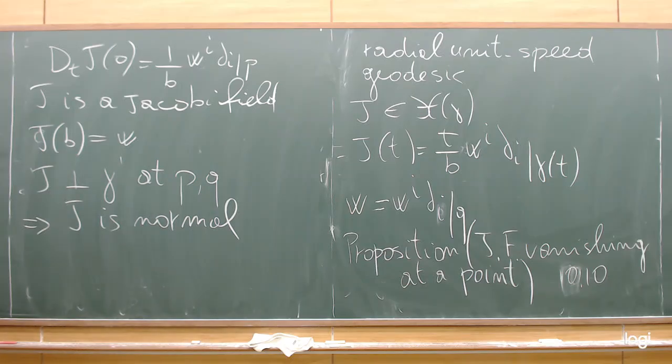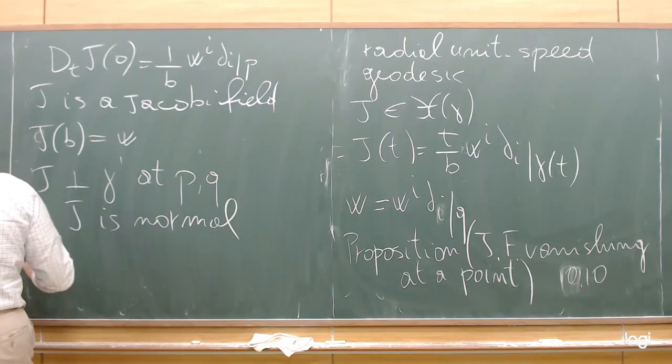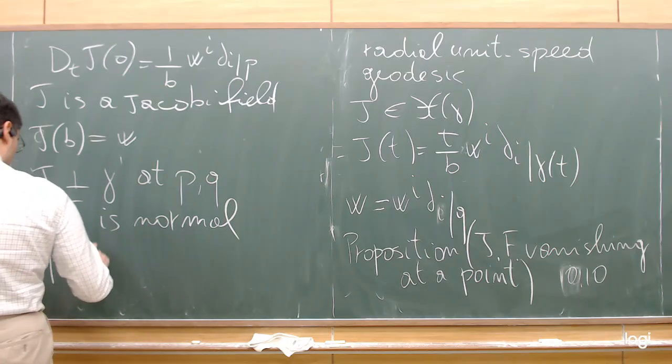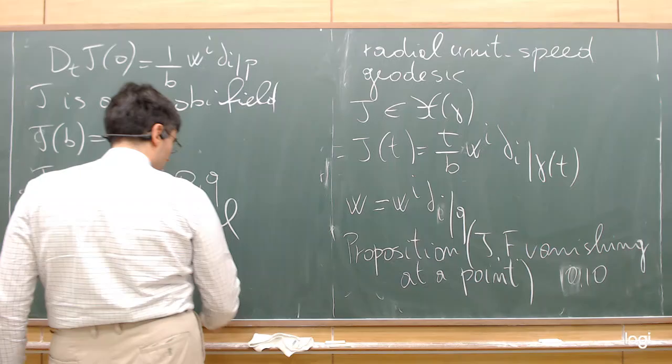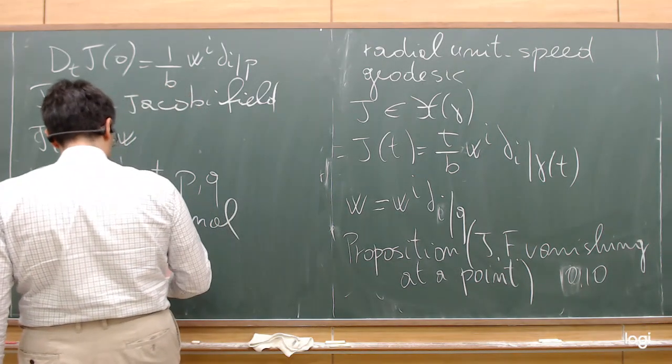Now we use the proposition 10.12 about the Jacobi fields in spaces of constant curvature.